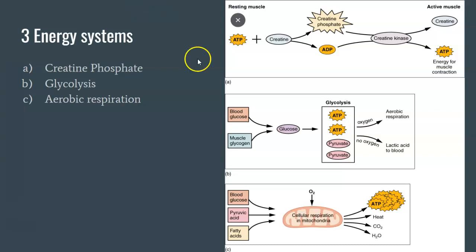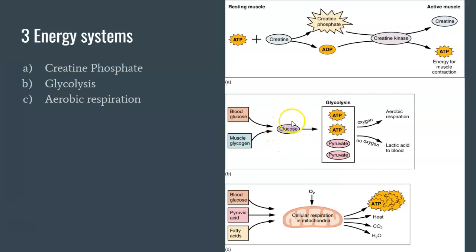But those are your three systems, and these are the three pictures of them right here. So we have creatine phosphate. You can see creatine phosphate shows up right here in the picture. We have glycolysis, which just comes from this idea of breaking down glucose. You might remember building a glucose molecule in the beginning of the year.